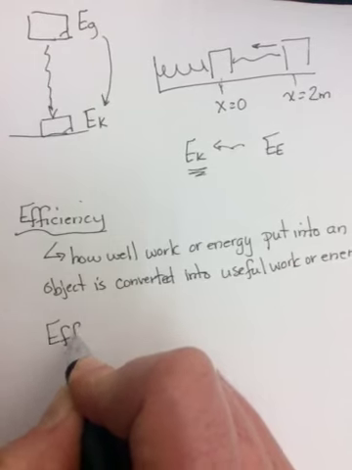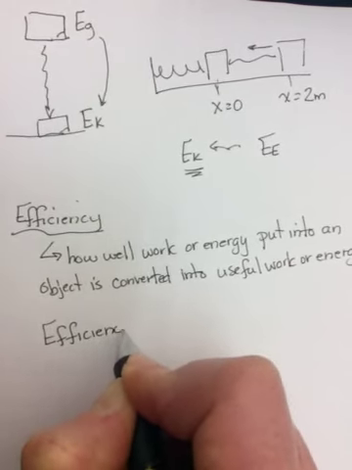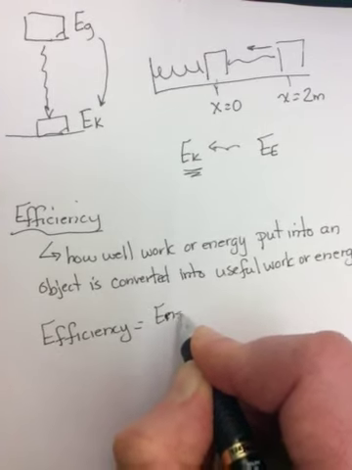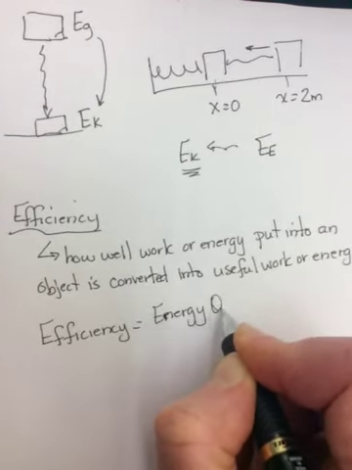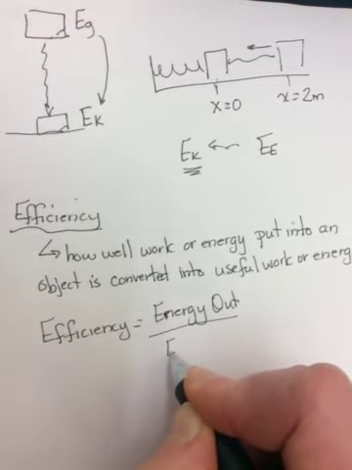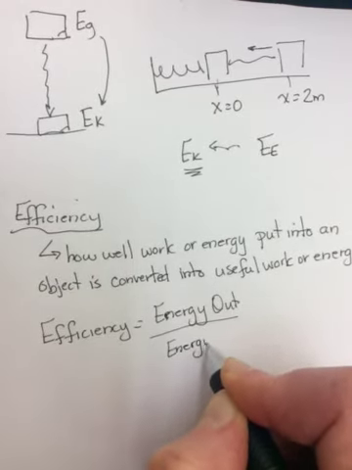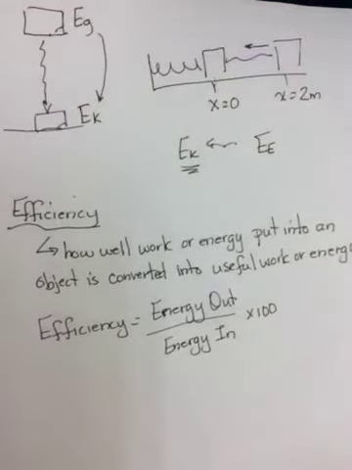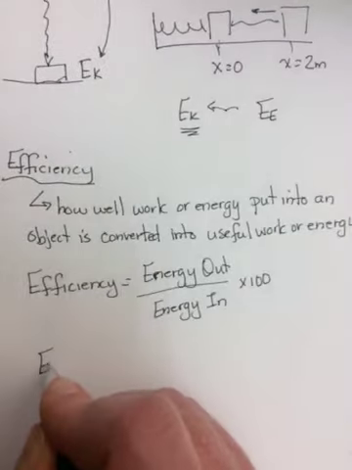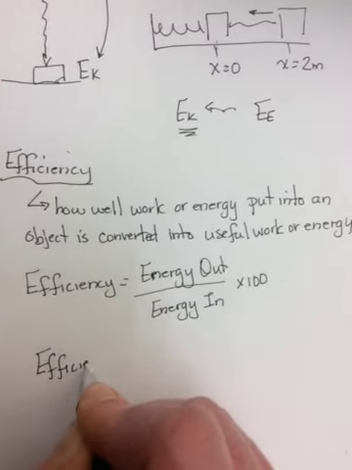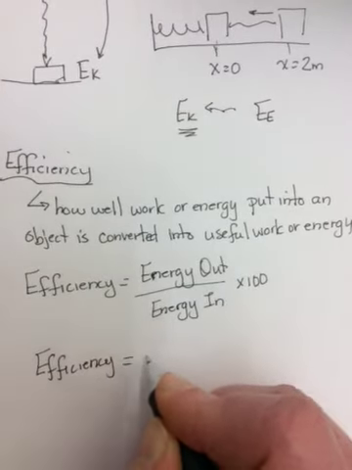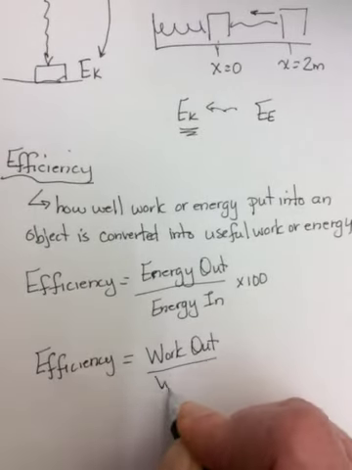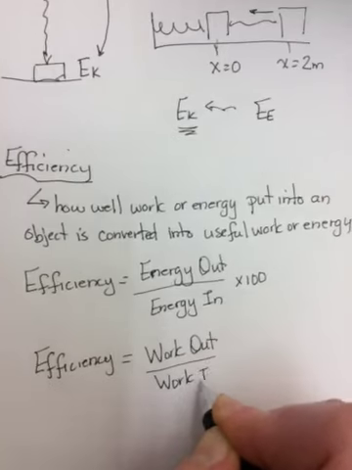It can be written actually in two ways. Efficiency is equal to, one way is energy out over energy in times 100. And the second way is really the same thing if you realize what work is, because it's equal to work out over work in times 100.